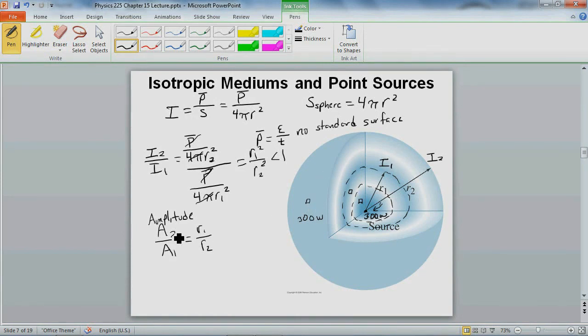The amount that the amplitude decreases is R1 over R2, and again this will always be less than 1 because R2 is greater than R1.